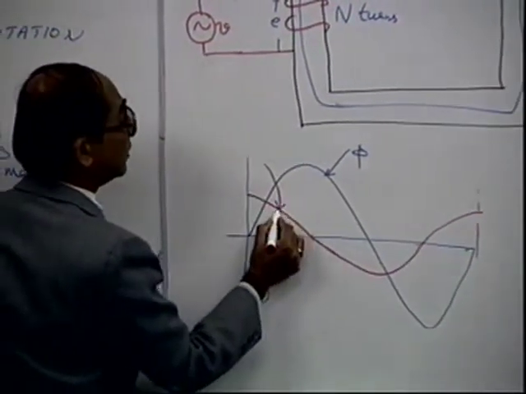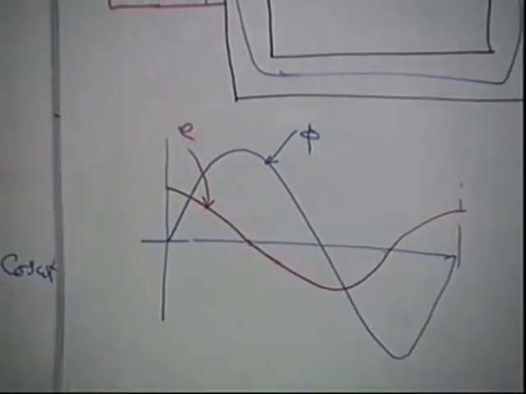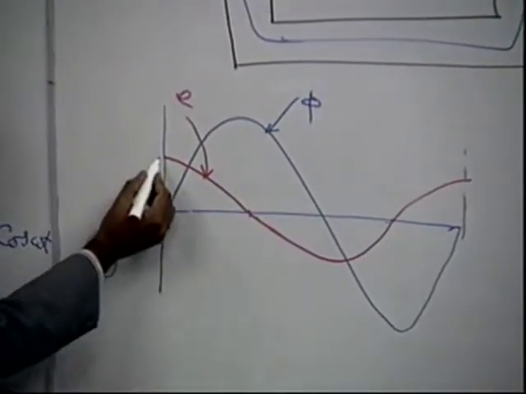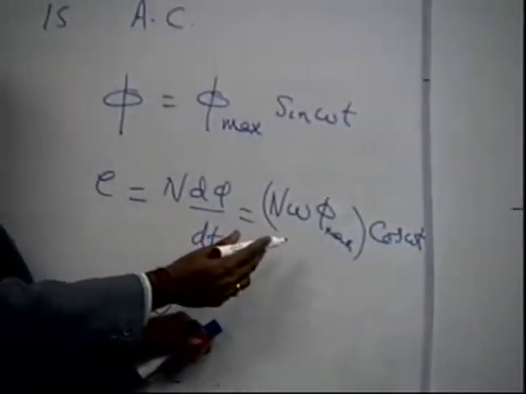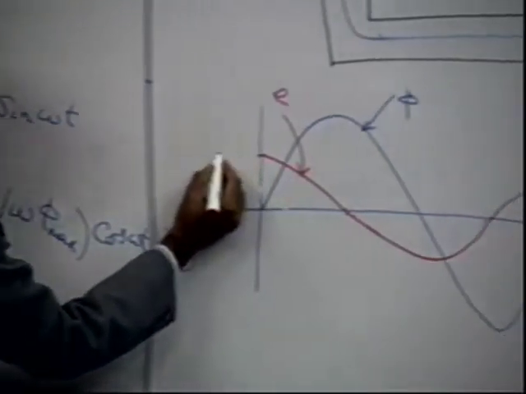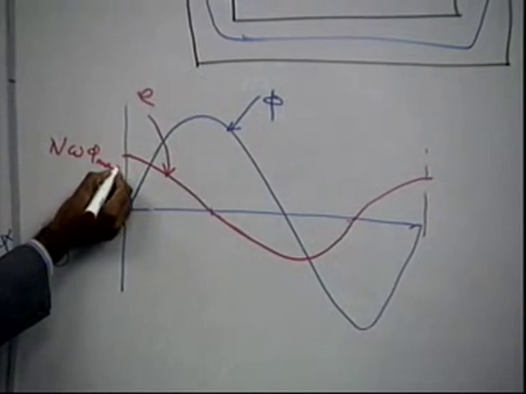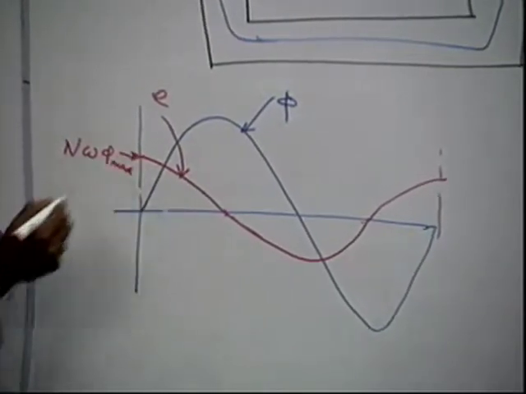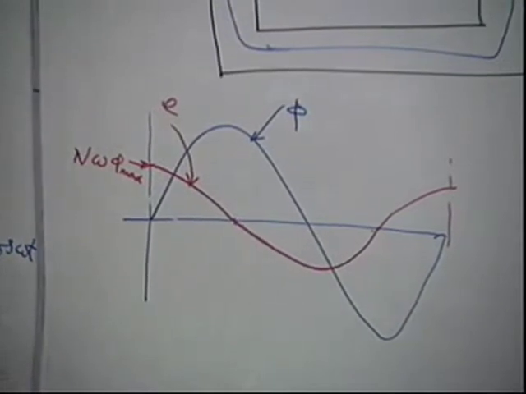So this is the voltage E. And what is the peak value of E? It is N omega phi max. That is the value of the peak of the EMF induced.